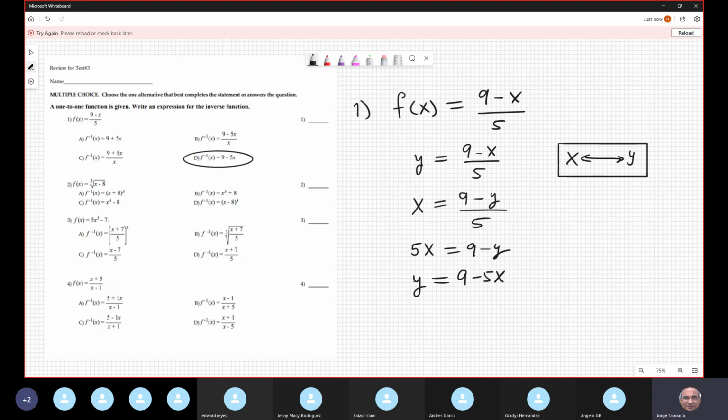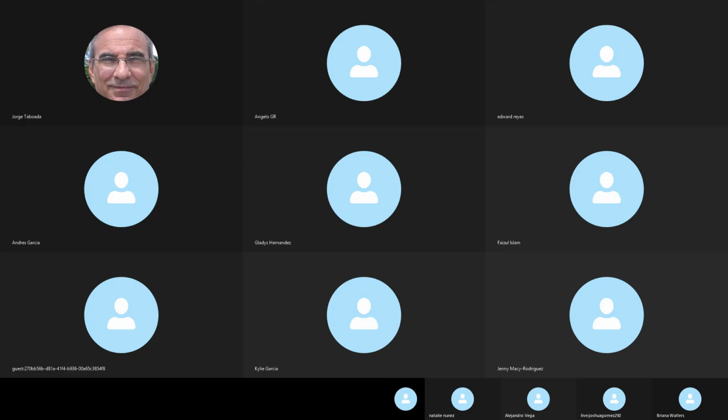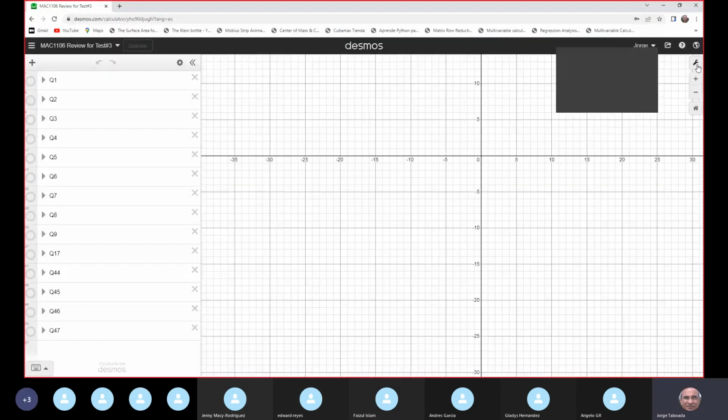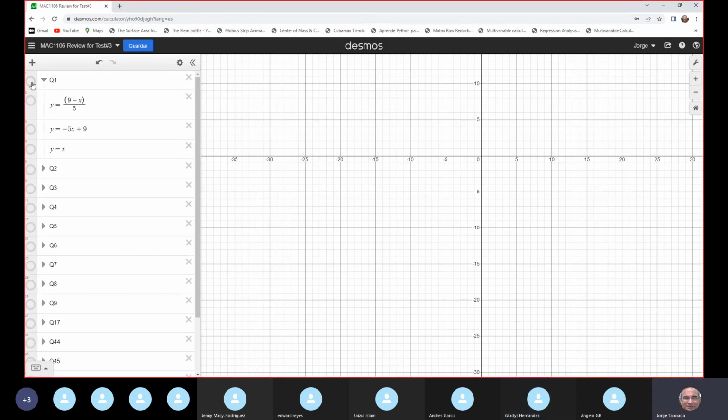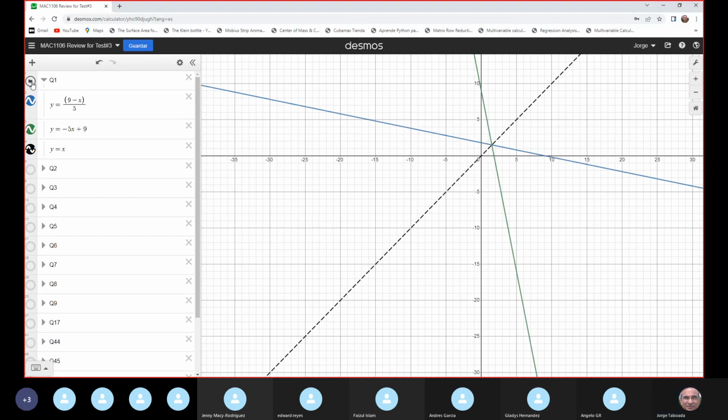Then I recommend you go to Desmos. There you go. Do you see Desmos now? Yes. Question 1, look at that. In blue color, you see the given original line function.